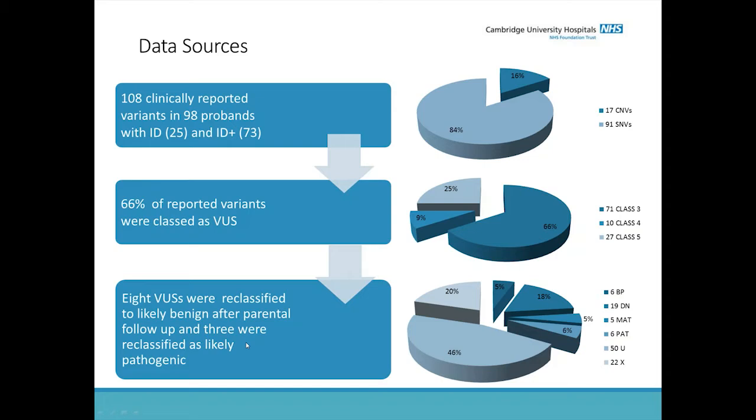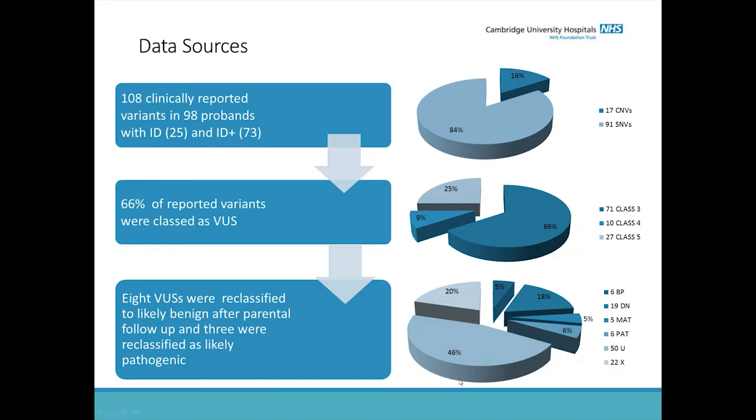As part of the service evaluation, I also looked at the inheritance of some of these variants. Because we are analyzing singletons, as part of our standard reporting practices we may recommend parental follow-up for some of the variants.